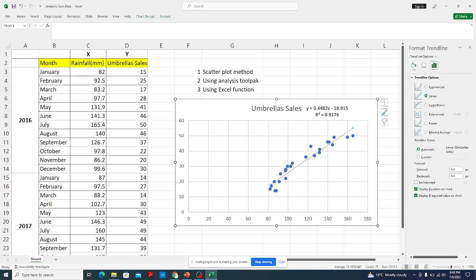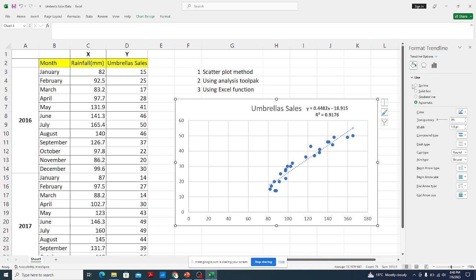You can also change the compound type, or the type of the line graph, if you want it to be continuous, or a dotted line, or a dashed line. It's up to you.